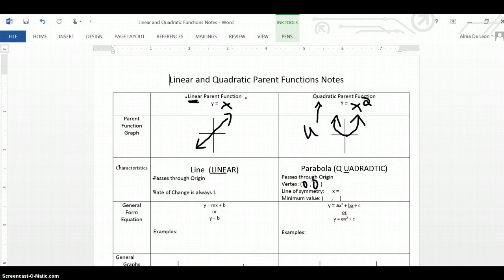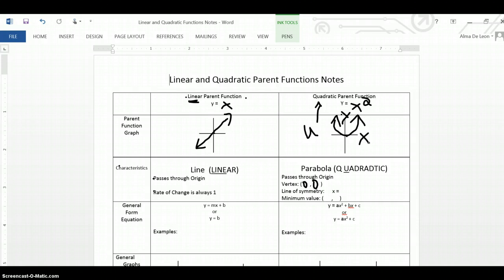And the line of symmetry, if you notice from this graph, if we were to take a mirror and put it right here on the y-axis, not the x-axis, but the y-axis, we could see that our parent function is symmetric across the y-axis.